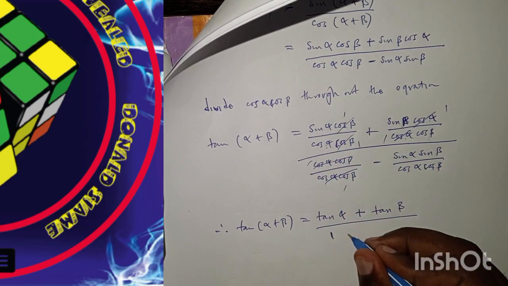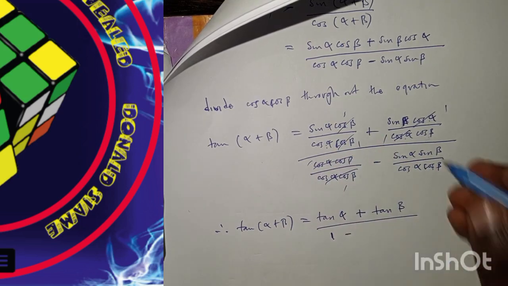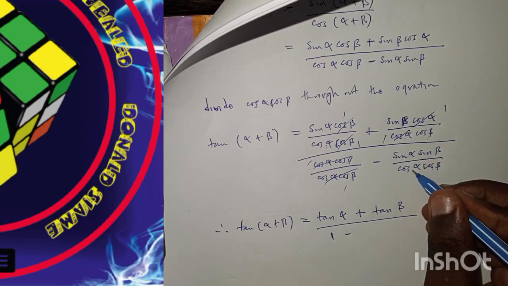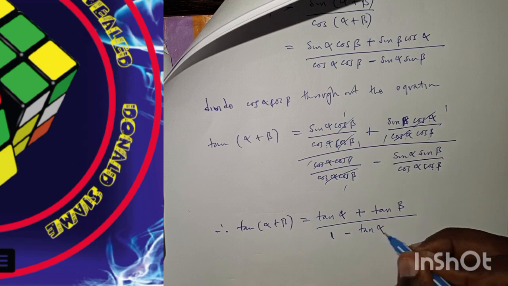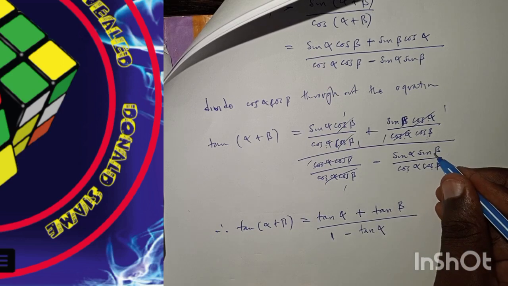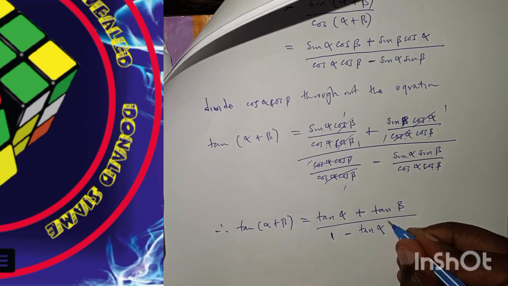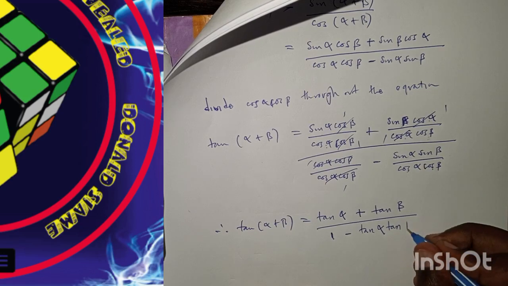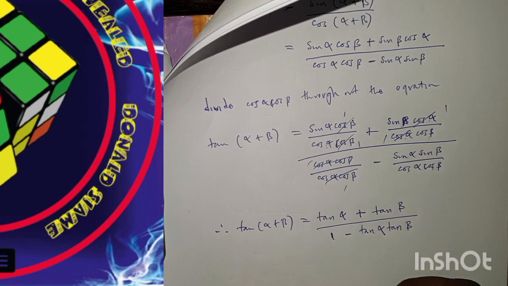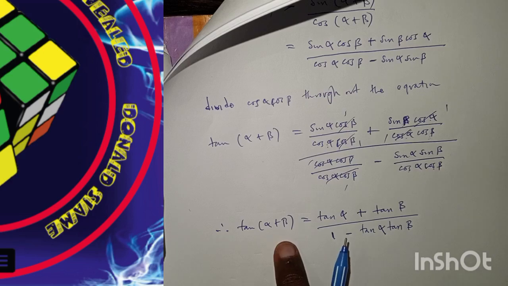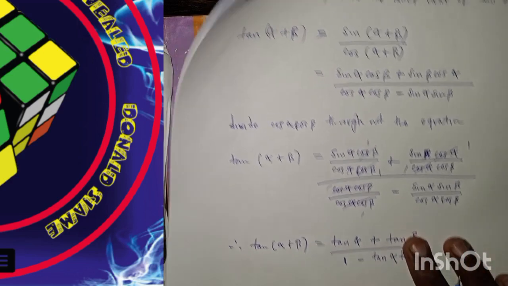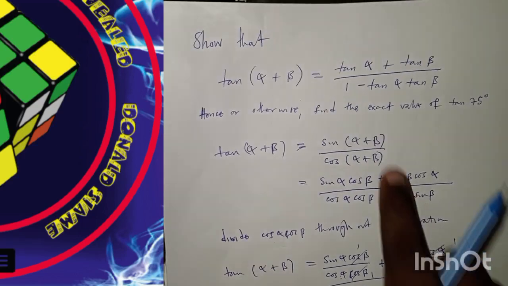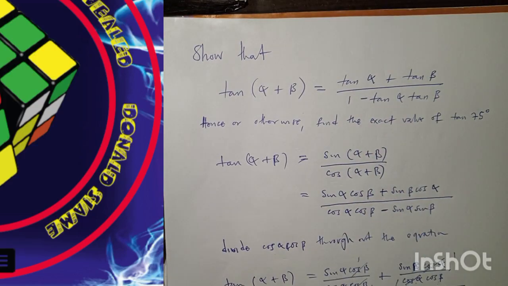So we have 1 minus, here we have sine alpha divided by cos alpha, that will be tan alpha. Sine beta divided by cos beta, that is tan beta. Okay, and you can see that we have shown, this is the exact thing which is here on the question.